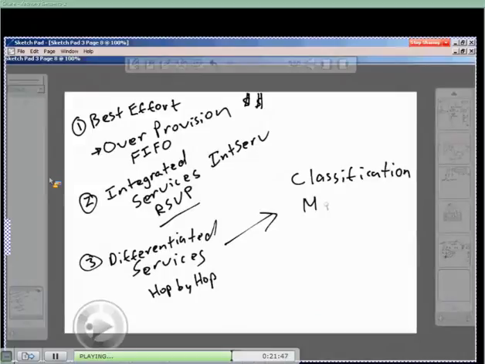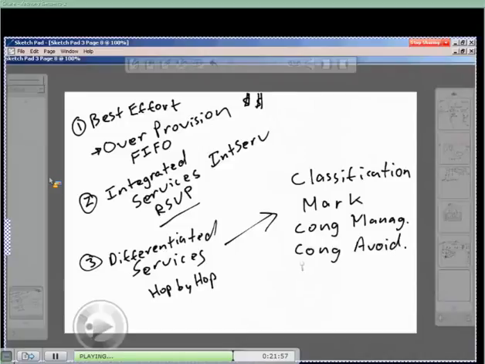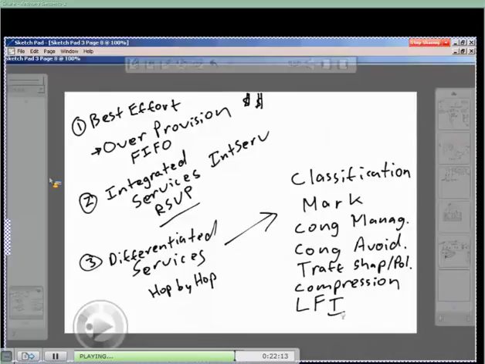We classify traffic, we mark traffic, we do congestion management, we do congestion avoidance, we do traffic shaping and policing, we do compression, we do link fragmentation and interleaving with the traffic.